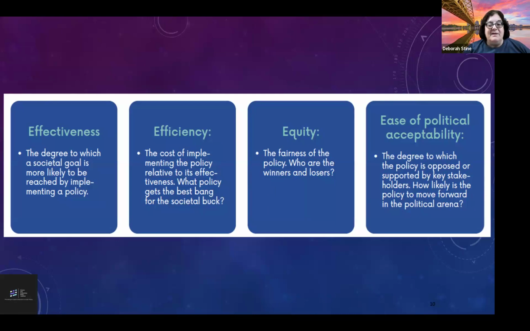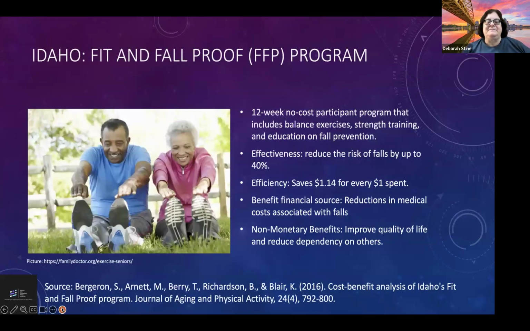Are they going to support the policy or oppose it? So it's important to understand that efficiency and all these methods, benefit costs and so forth, are just one element of a number in how policymakers make decisions.